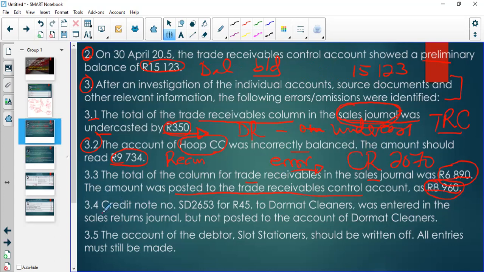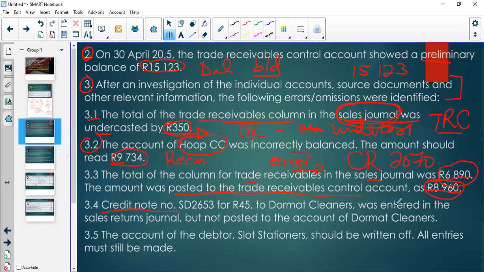So a credit note means that we have a customer who returned goods. Okay, so the customer returned the goods, so that's what happened. That's our credit note. So when the customer returns the goods, we need to record it in his account as well as in the sales returns journal.